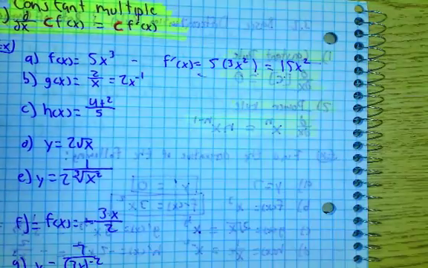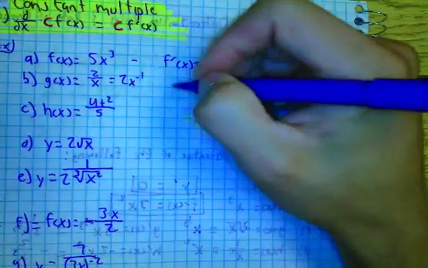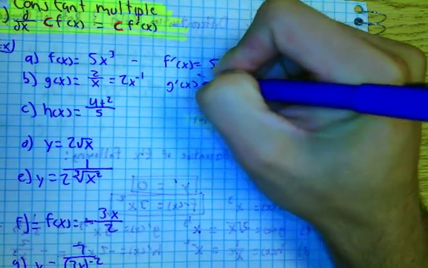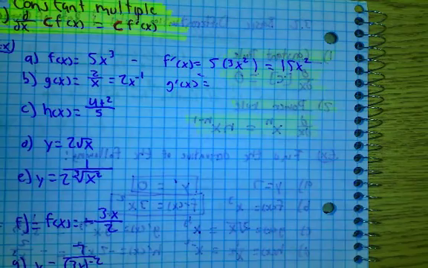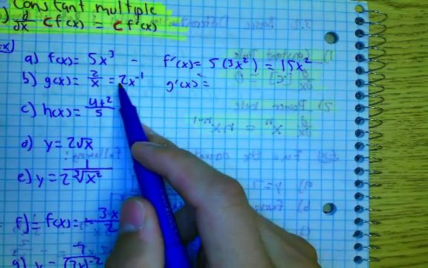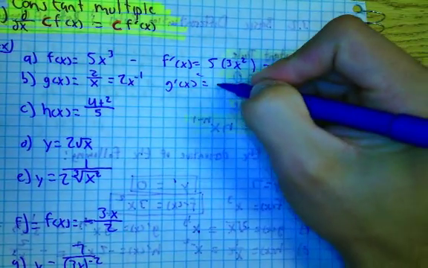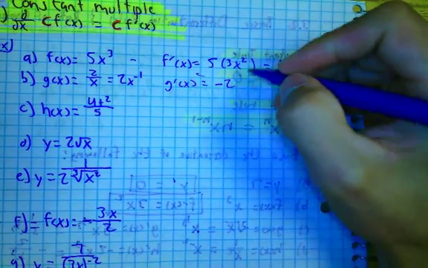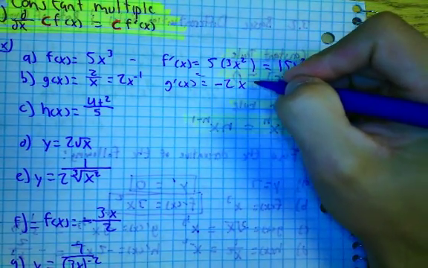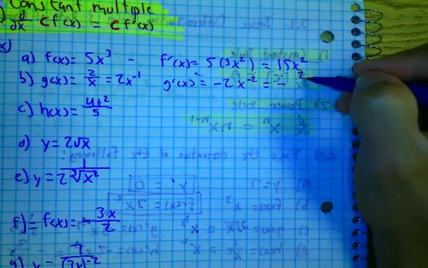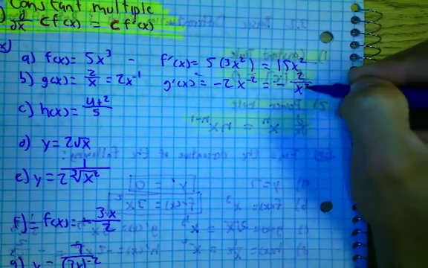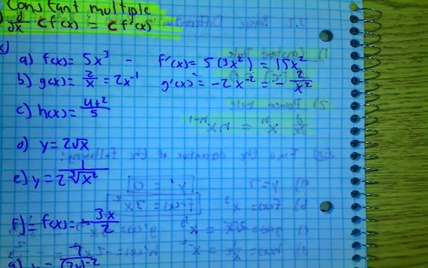So that means that g prime of x becomes what, guys? That times that becomes negative 2x to the what power? And it simplifies to be negative 2 over x squared. Cool?